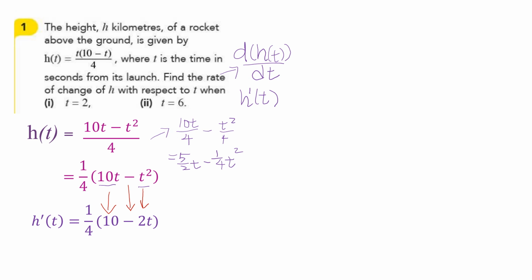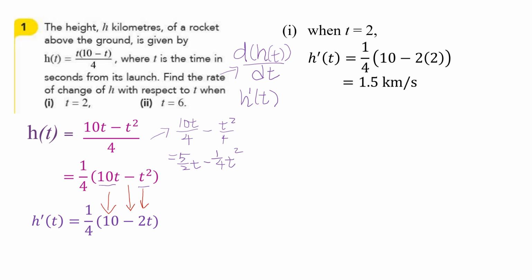So what we need to do is, at t equals 2, we substitute it into our rate of change, h prime(t), and you get 1.5 kilometers per second. That means at t equals 2, the height of the rocket is changing at 1.5 kilometers per second.